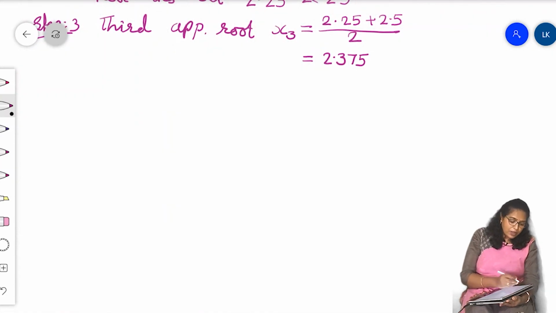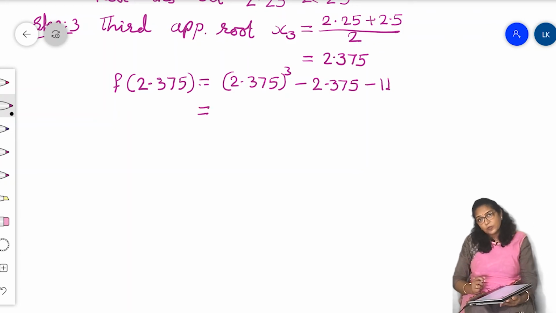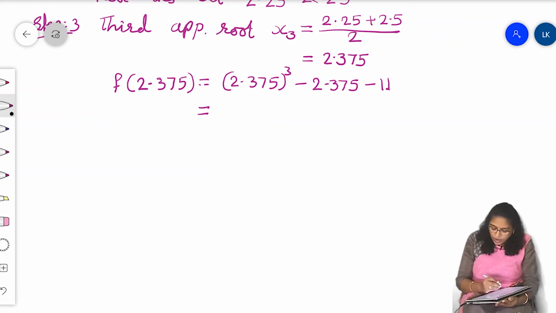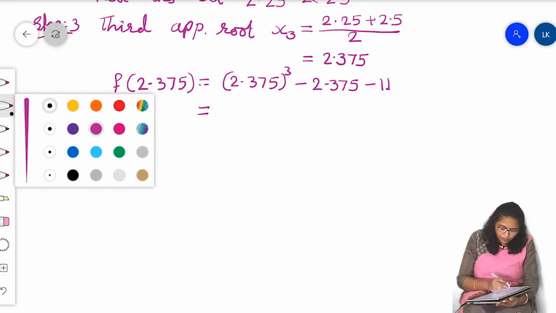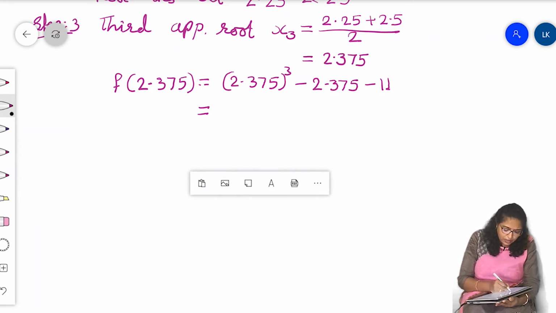Immediately find out f of 2.375 by substituting this value in our original function, that is x cube minus x minus 11. Simplify by using the calci. Again, its value is 0.0214843.